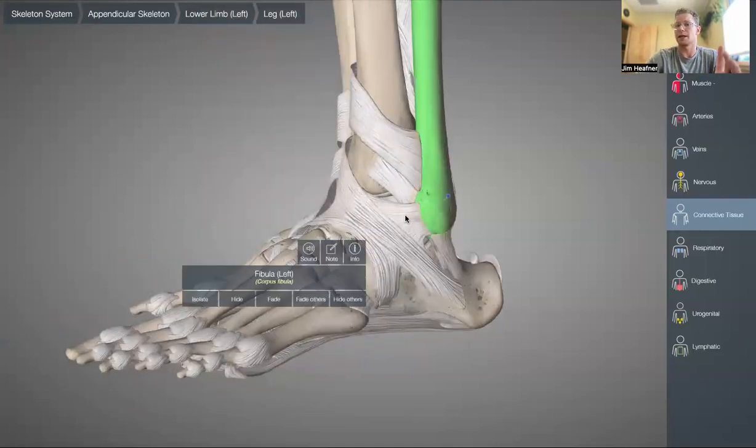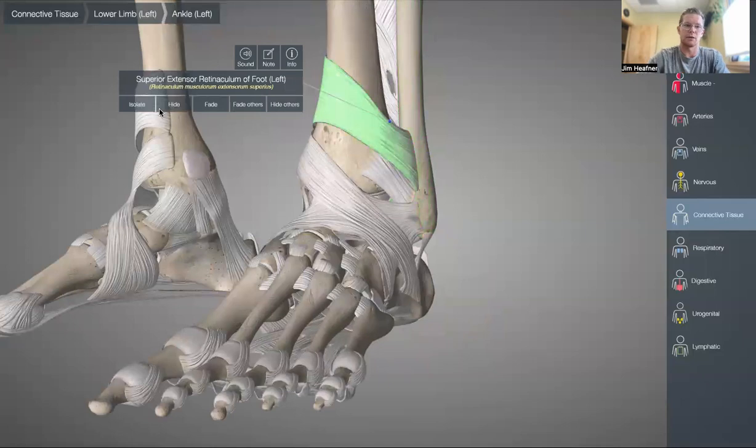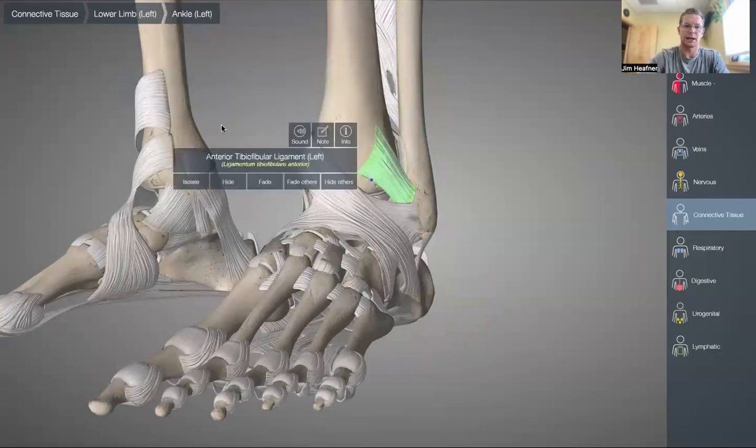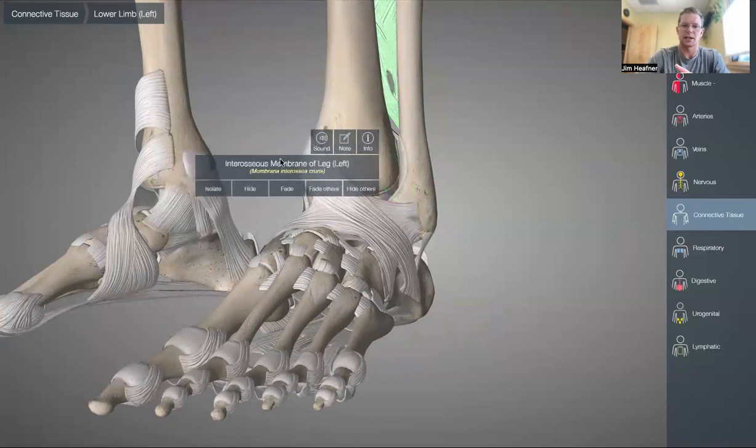And high ankle sprain is different than a lateral ankle sprain. So we just talked about lateral here. If I pull back some of this other retinacular tissue, so hide that, I'm gonna hide this. You can see, and here's this interosseous membrane.